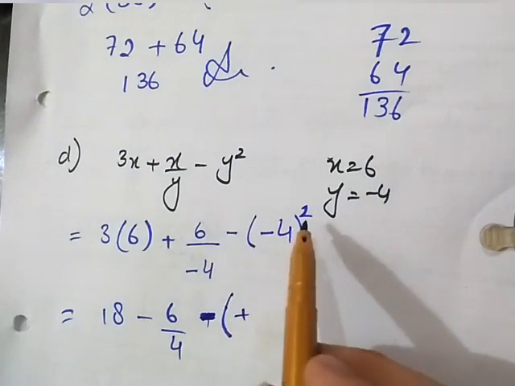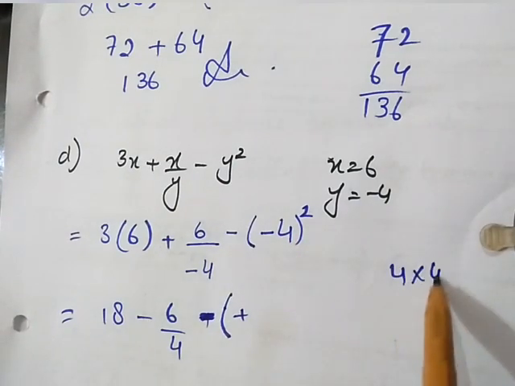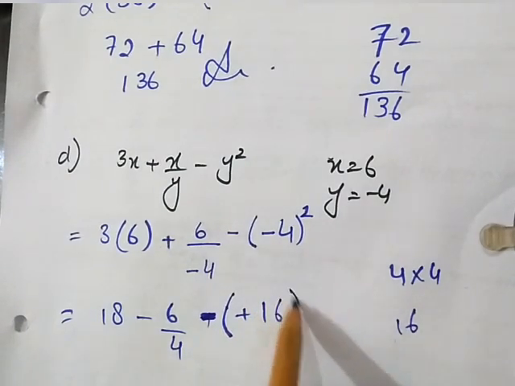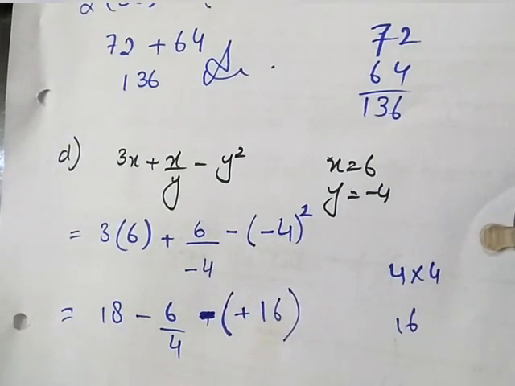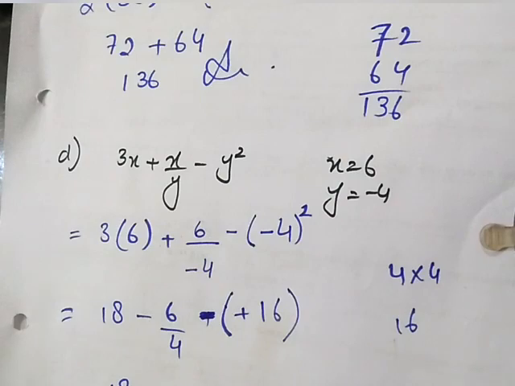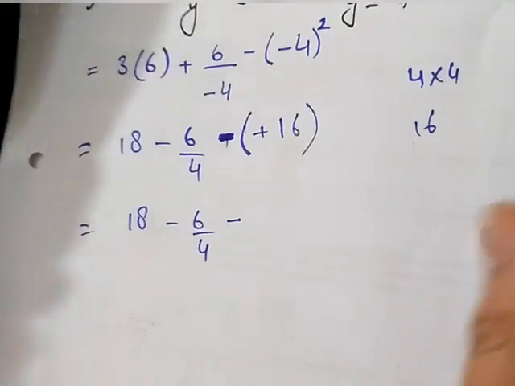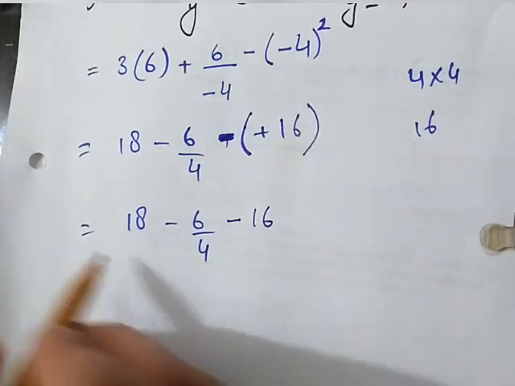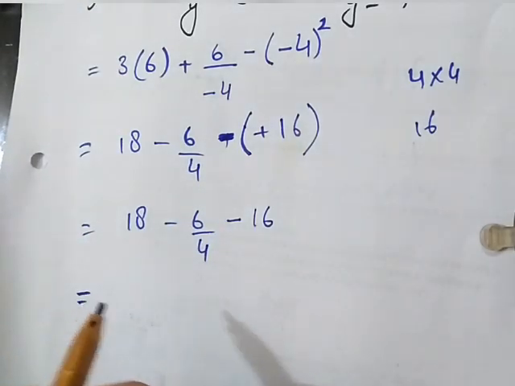And 4 square means 2 times of 4. 4 4s are 16. So 4 power 2 is 16. Now in the next step, just simplify 6 by 4 plus minus minus, minus 16.